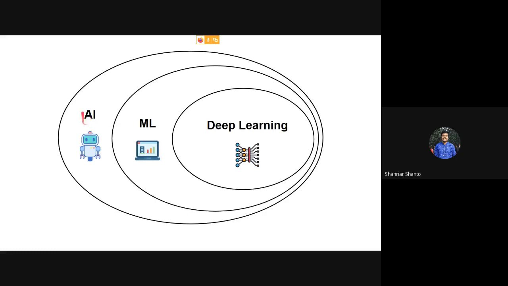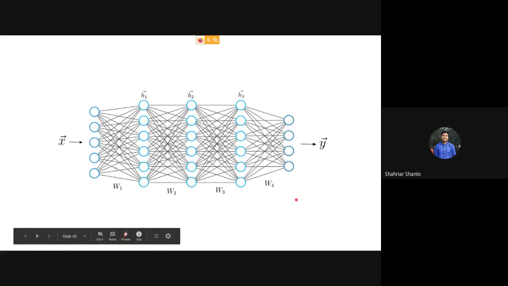Most AI uses machine learning, and most of what is in machine learning that is very useful to us is deep learning. Deep learning means using neural networks, and we'll talk about what neural networks are. This is an example of a neural network where each of the circles denotes a neuron, and neural networks are inspired by our human brains.